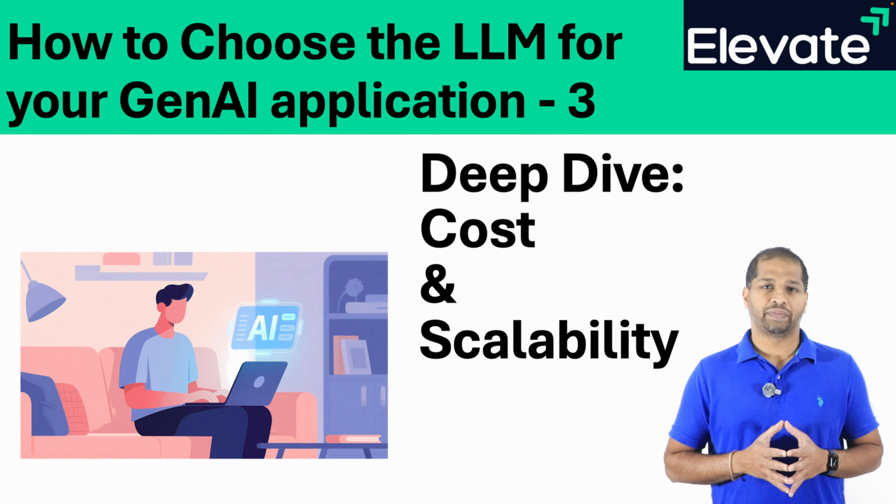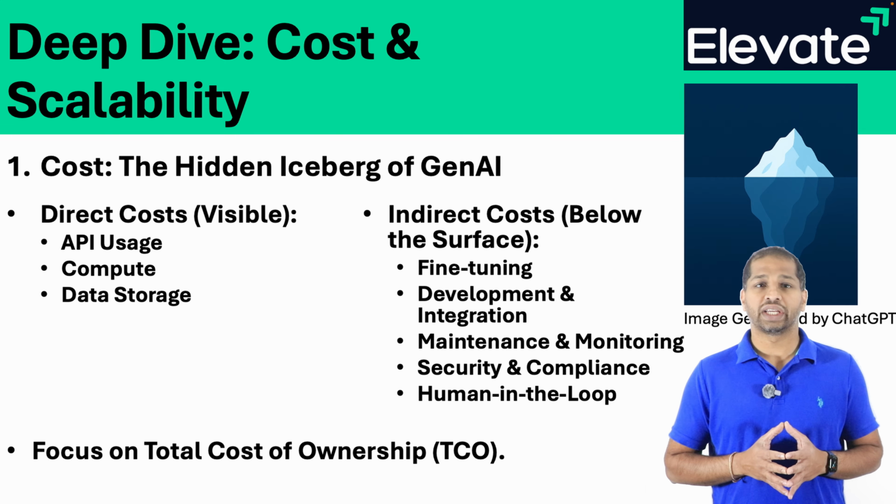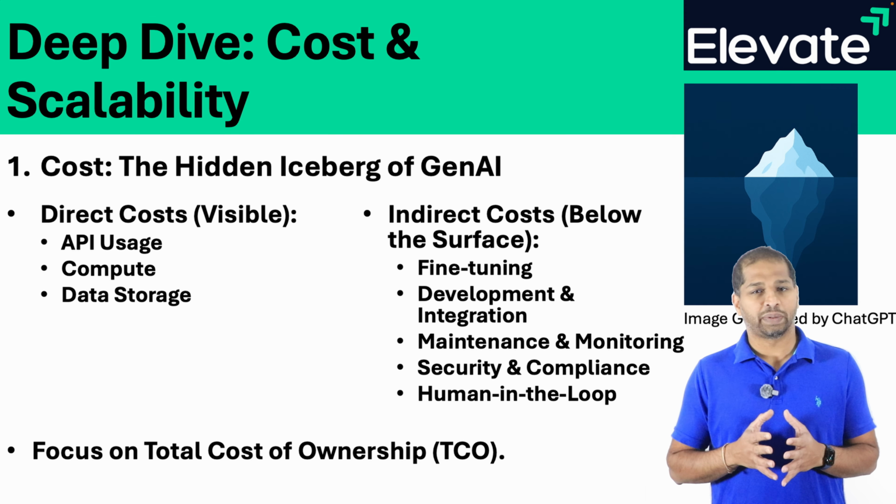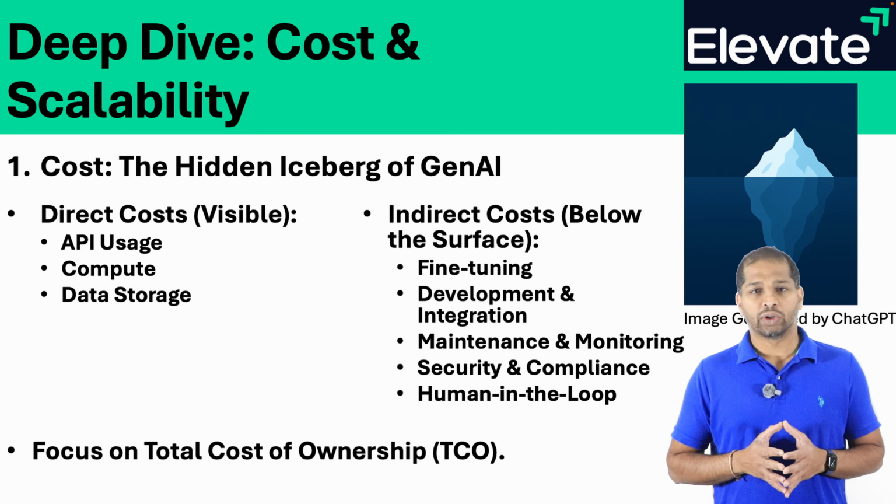Let's get started. Let's start with cost, which I like to call the hidden iceberg of Gen AI. What you see on the surface, the direct costs, is often just a fraction of the total expense. Direct costs are typically what first come to mind.